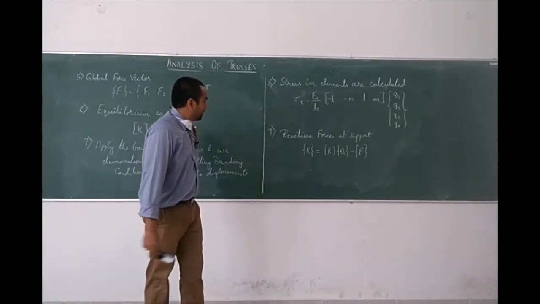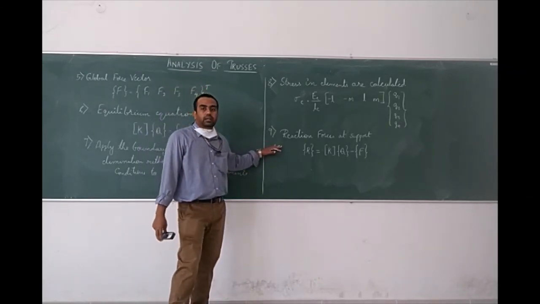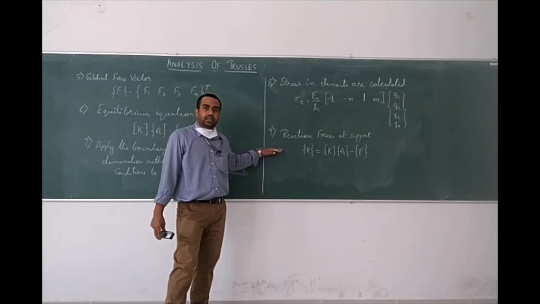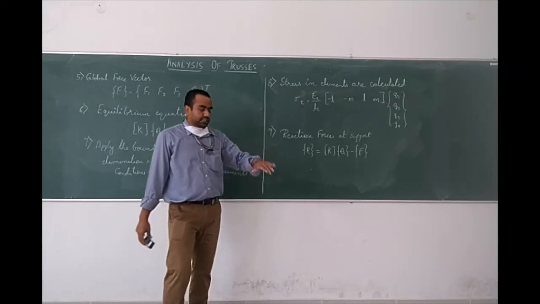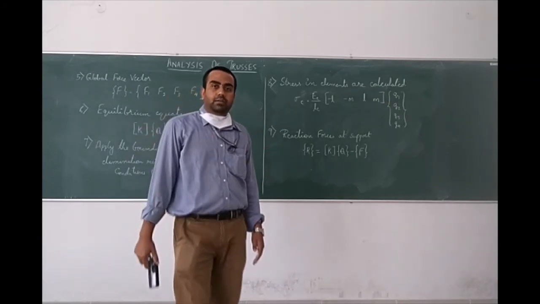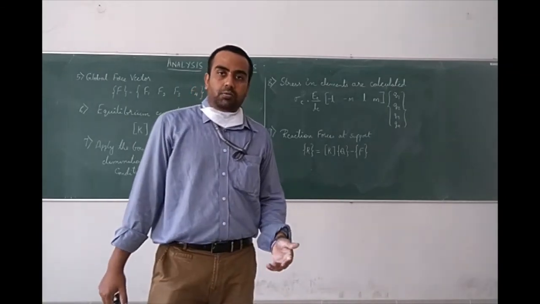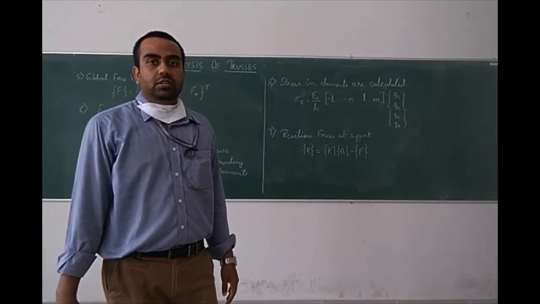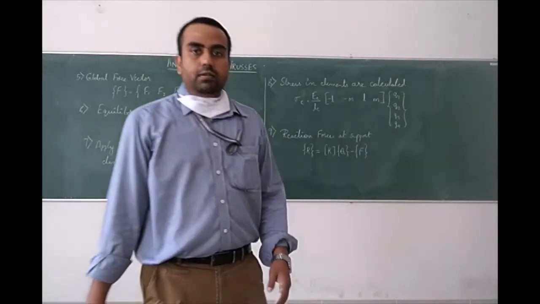So these are the 9 steps that you will follow to solve problems on truss elements. In the next session, we will take up the first problem and then proceed with its solution. Thank you.